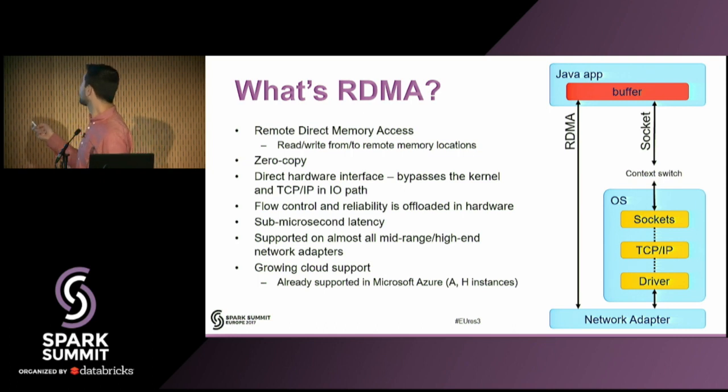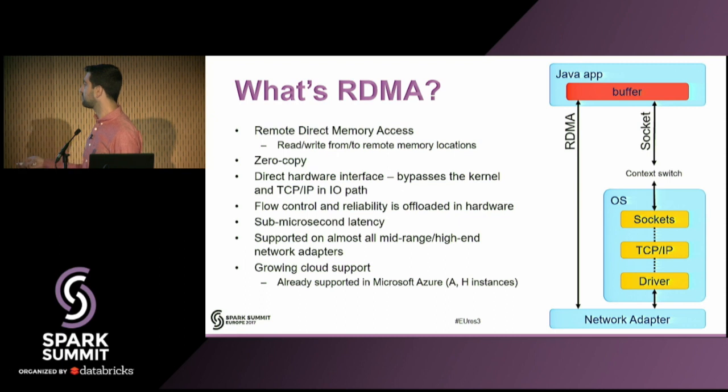So in this chart, we can see that we have this buffer in a Java application, just a random Java application. And instead of going through the sockets, doing this context switch where we call system calls to go to the kernel, go through sockets, TCP/IP, driver, and only then get to the hardware, and all of this requires data copies, CPU-intensive manipulation of data, and so on, you get a user-level interface where you can just transmit and receive data without going through the kernel.